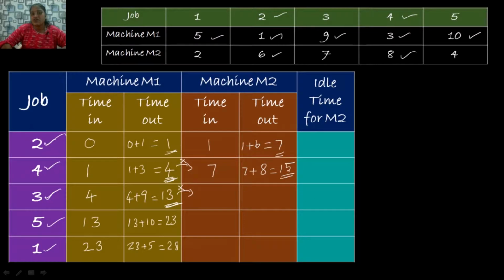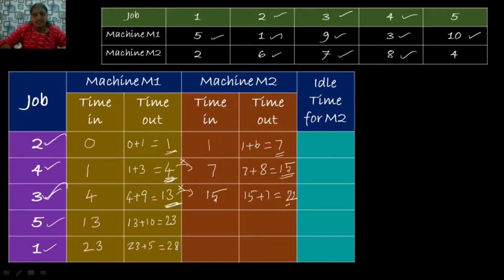It completes at 15 hours only, so job 3 has to wait. So at 15 hours, job 3 enters into machine M2 and needs 7 hours of processing time on M2, that is 15 plus 7, that is 22 hours.